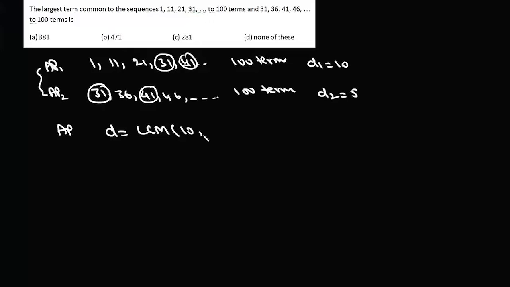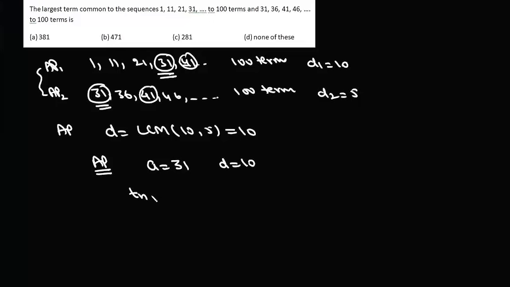So we need to find LCM of 10 and 5. So it will be 10. Here in this case, value of D is 10, and again just by observation we know that first common term is 31. So this AP of common terms will have first term as 31 and common difference as 10.